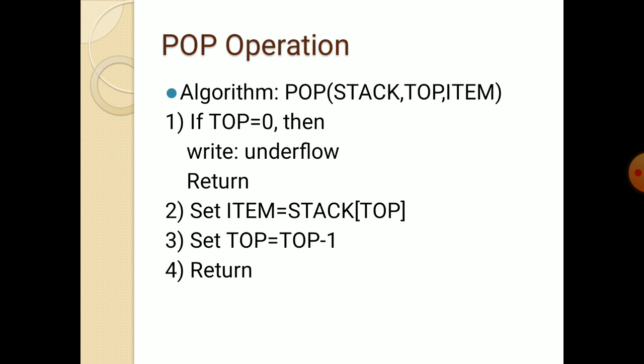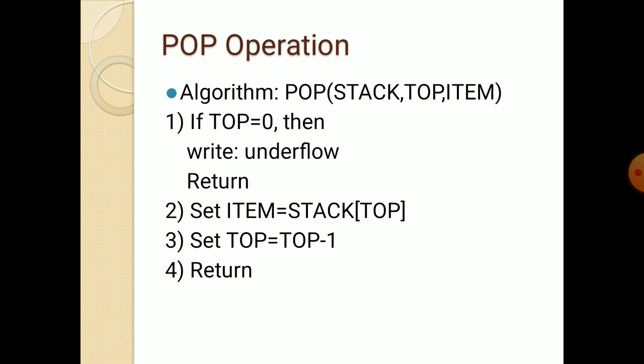If the condition is true, if top equal to 0, then write underflow and return. Else in step 2, item equal to stack of top, that is assigning the top element to item, and we are decrementing the top pointer by set top equal to top minus 1, and then return.